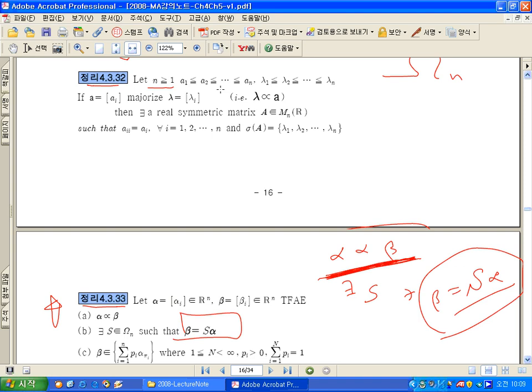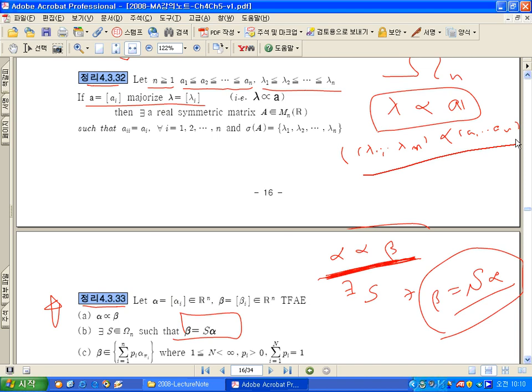If n is greater than or equal to 1, and the a_i's are arranged in increasing order and the lambda_i's are arranged in increasing order, then vector a majorizes lambda, that is, lambda is majorized by a.